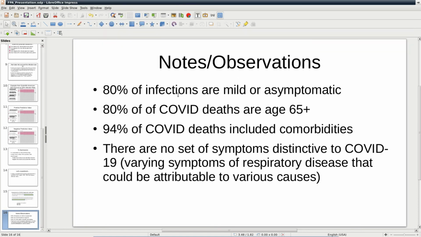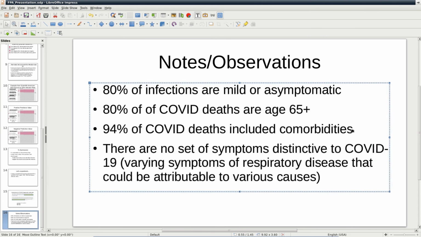So I'm not just pulling this stuff out of thin air. 80% of infections are mild or asymptomatic. 80% of COVID deaths are older people, age 65 plus. 94% of those deaths are not COVID alone, but include comorbidities. And finally, there's no set of symptoms that are distinctive to COVID-19. That is, there are varying symptoms of respiratory disease that could be attributable to other diseases.